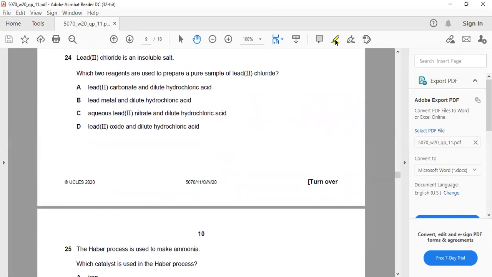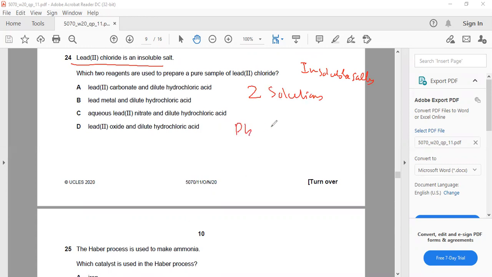Lead chloride is an insoluble salt. And how are insoluble salts prepared? Insoluble salts are prepared by taking two solutions.